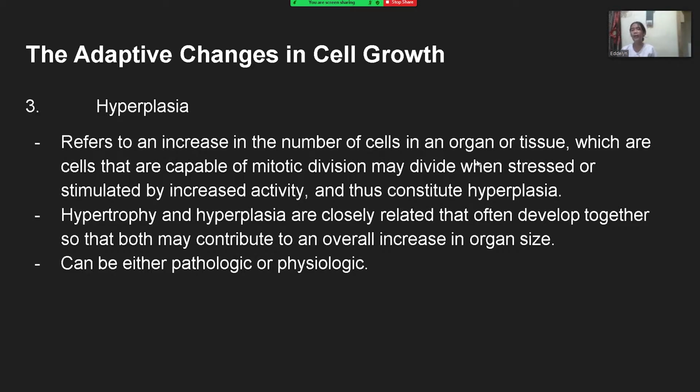So another cell growth adaptation is hyperplasia. First, we will discuss hyperplasia. So what is hyperplasia? Hyperplasia refers to an increase in the number of cells in an organ or tissue, which are cells that are capable of mitotic division, may divide when stressed or stimulated by increased activity, and thus constitute hyperplasia.